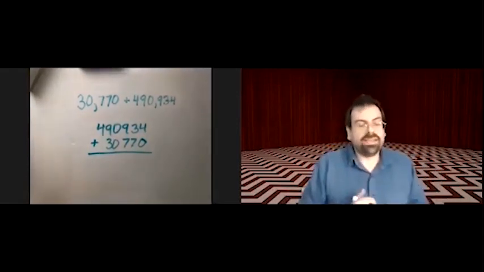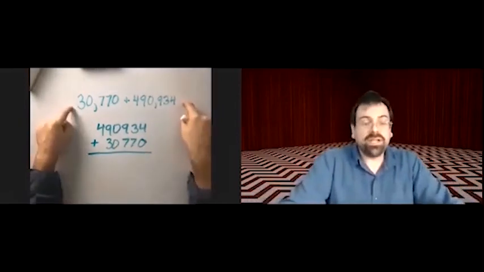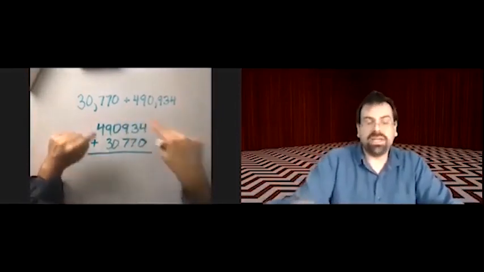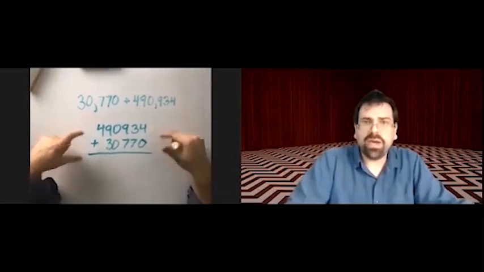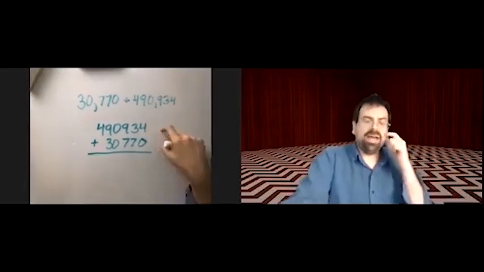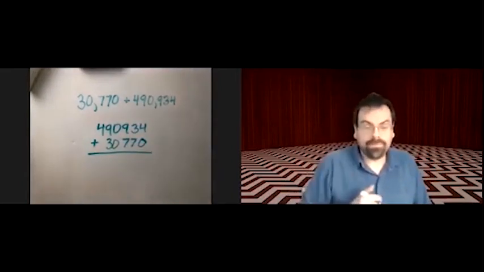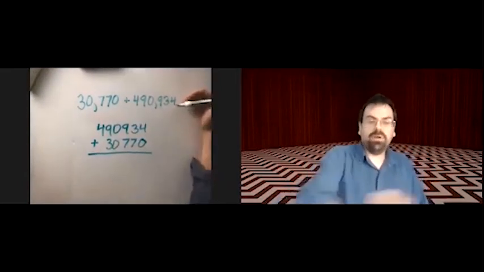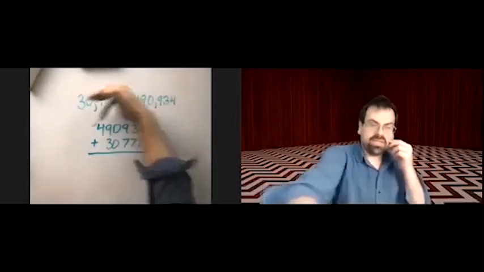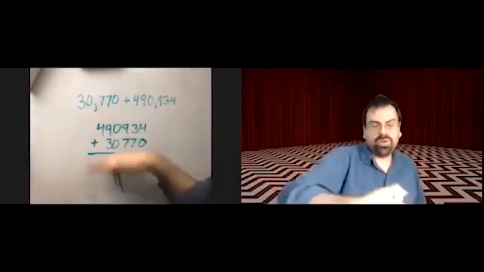You're more than welcome to write it that way. Because it's addition, you don't have to put the first thing first and the second thing second. You can write them either way. So I'm going to tend to start writing them this way when I'm translating from horizontal single line to vertical.